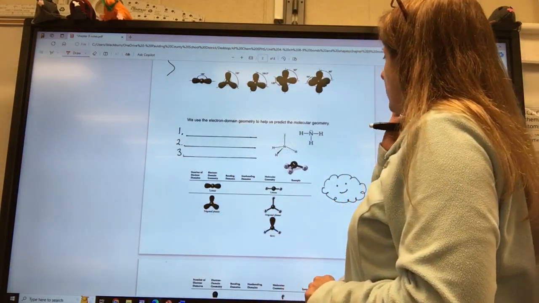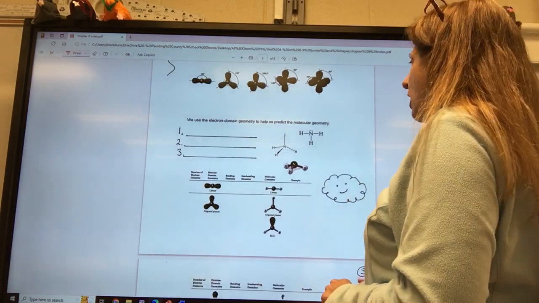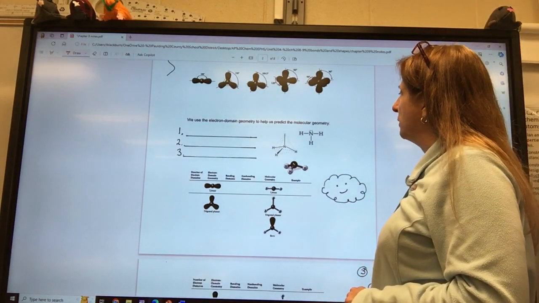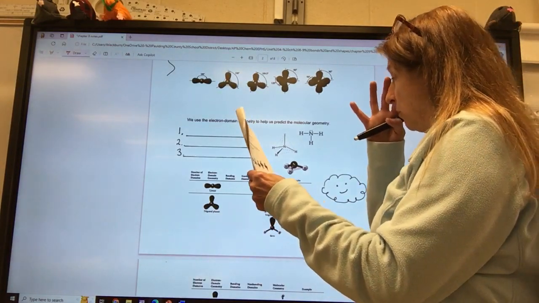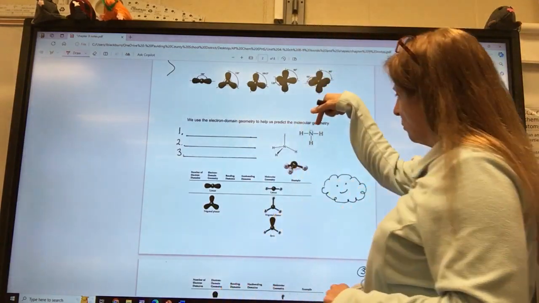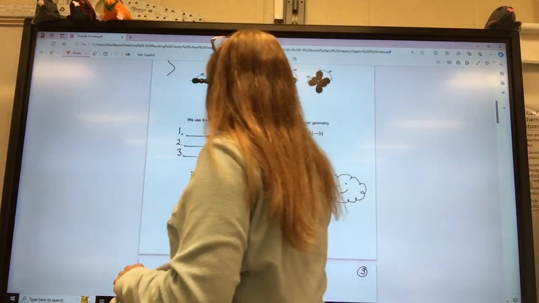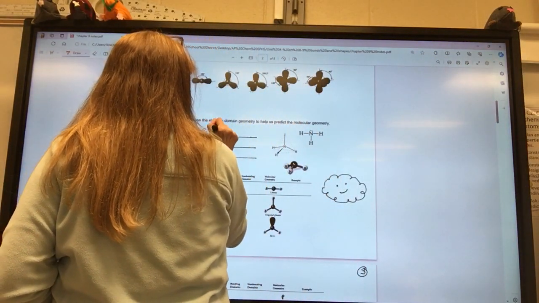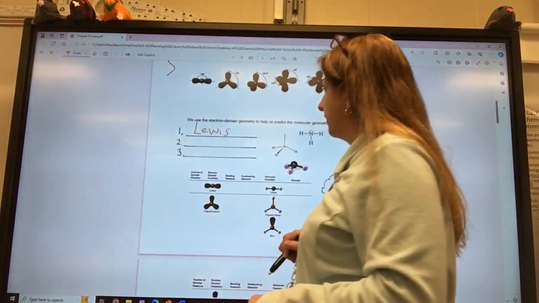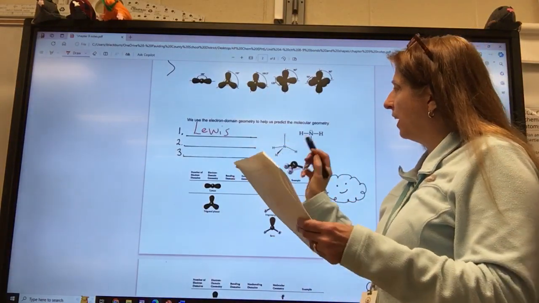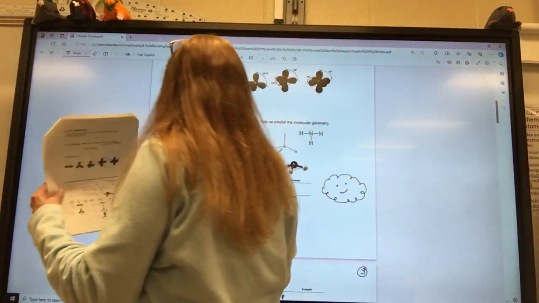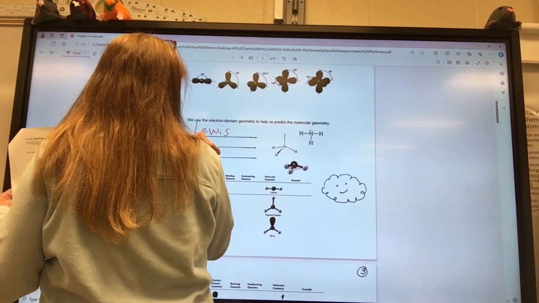Okay, so we can use electron domain geometry to help us predict the molecular geometry. So this is called what kind of structure? Lewis. So that's our Lewis. And it does not tell us anything about the shape. The next thing we can look at is electron domain geometry.